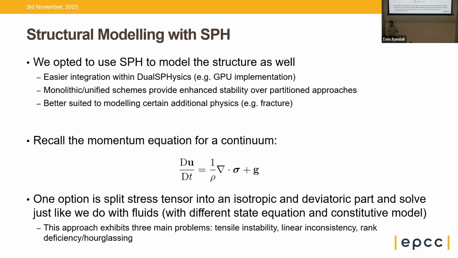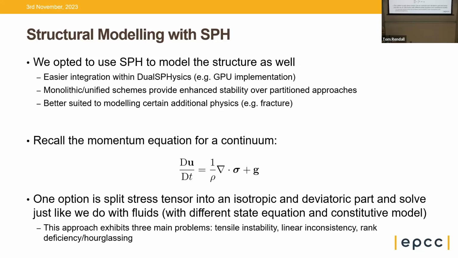Something that's also been touched on is that when you work with a monolithic scheme for certain classes of FSI problems, particularly when you have mass ratios close to 1, monolithic schemes provide enhanced stability over partitioned approaches. Usually with partitioned approaches, as has already been mentioned, you have to introduce some strongly coupled scheme.